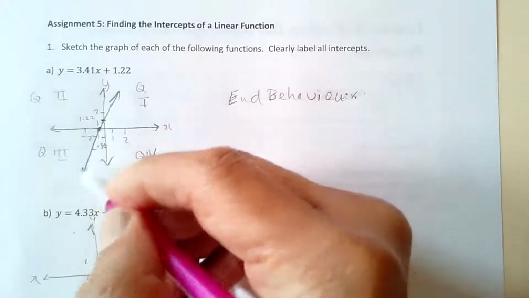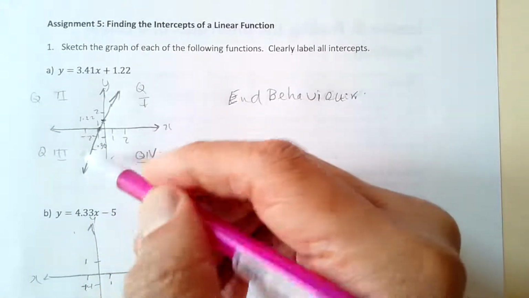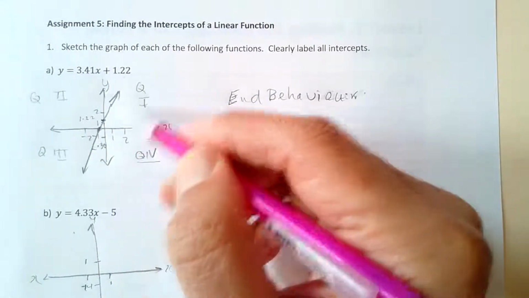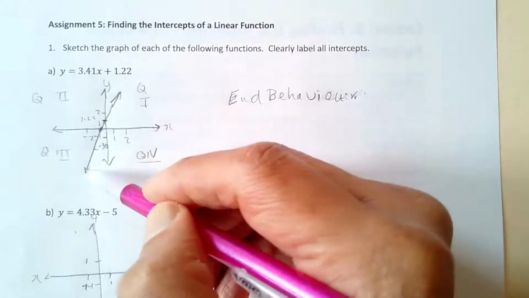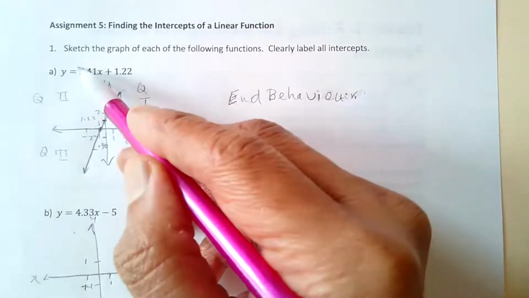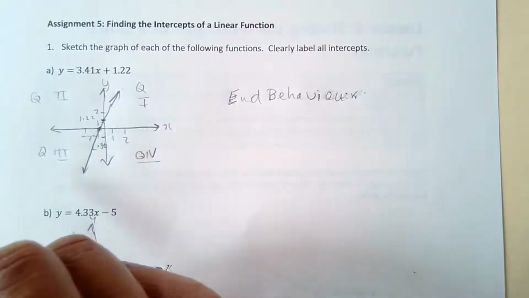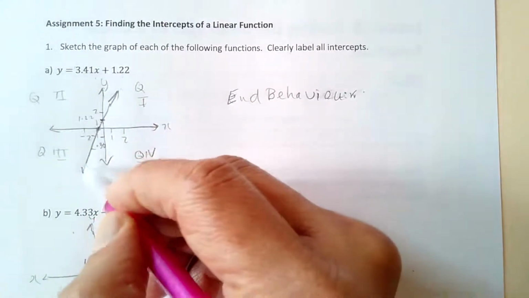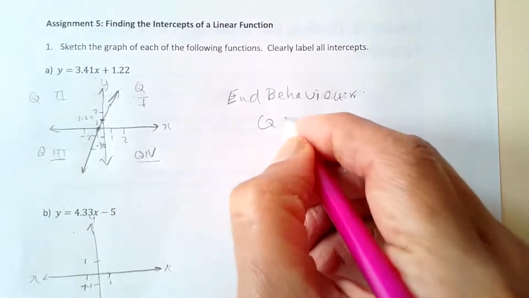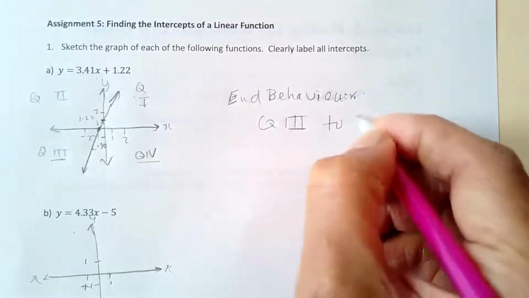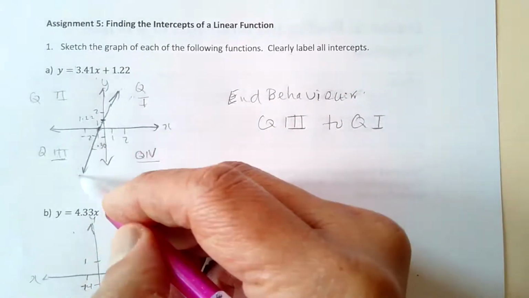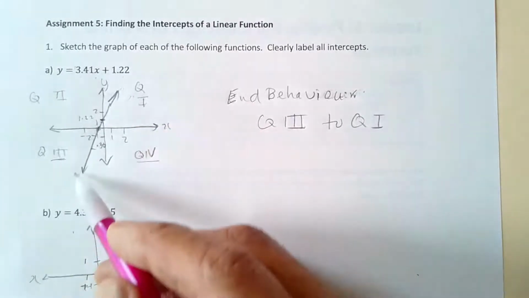The end behavior we are referring to is what quadrant this graph is coming from or is going to. Now, because it is increasing, it's a positive slope because there's a positive sign in front of the 3.41x. This graph's end behavior is from quadrant 3 to quadrant 1. Notice it's not quadrant 1 to 3. In this case, it's quadrant 3 to 1 because it is increasing.